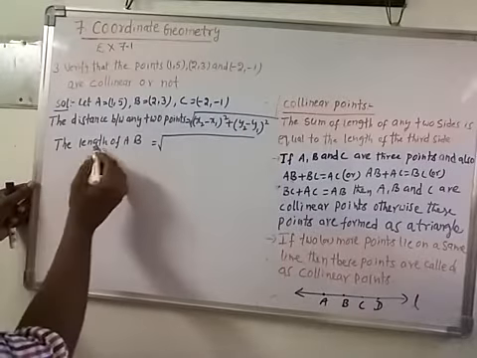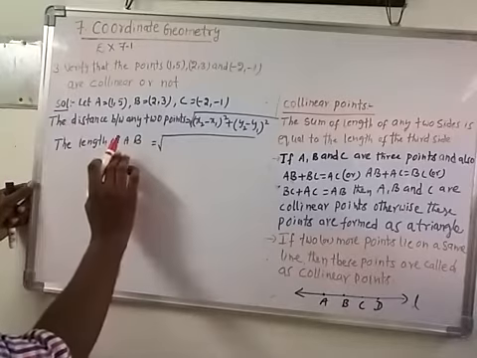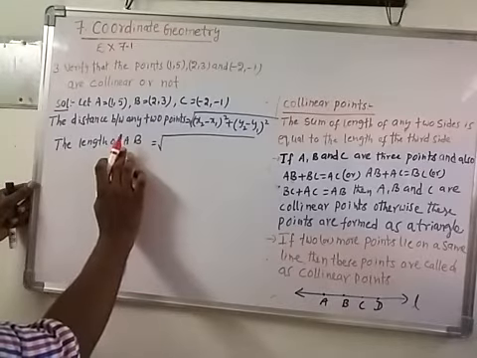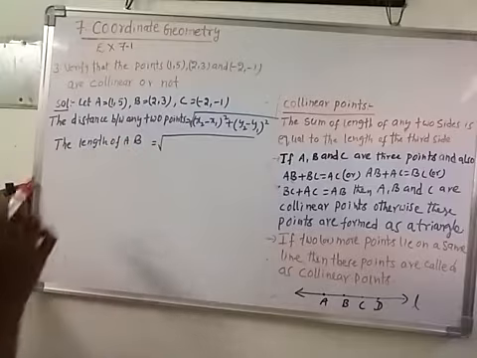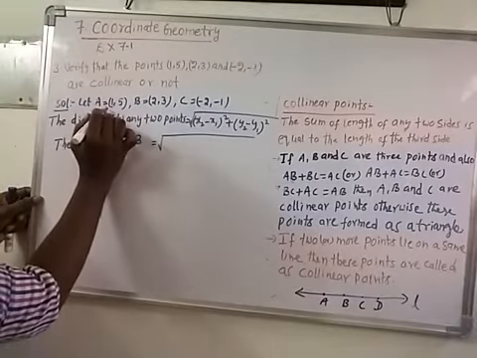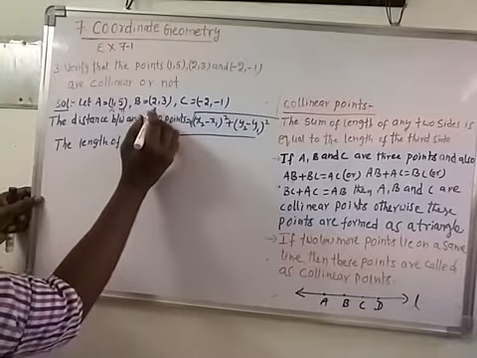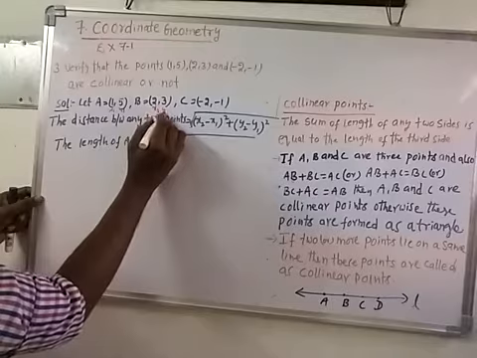So the length of AB, that is the distance between 2 points A and B. Here A is (x1, y1) and B is (x2, y2).